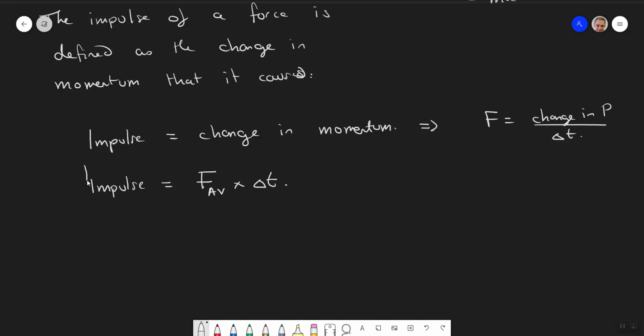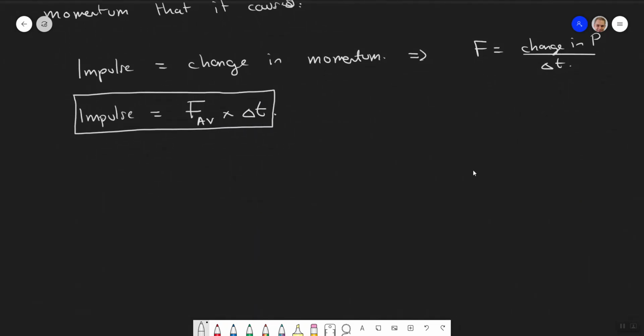But this is just another definition that comes out of Newton's thinking about Newton's second law. It's a term, impulse. It means change in momentum, and it's equal to the average force multiplied by the change in time. So let's come up with an example putting this together.